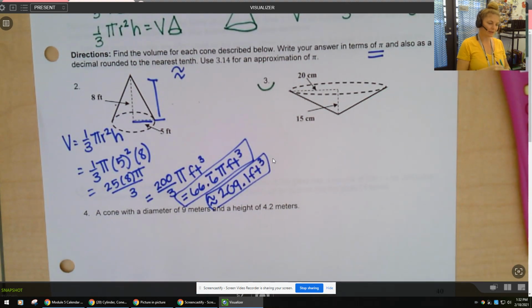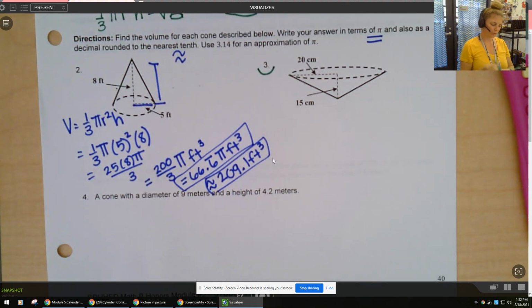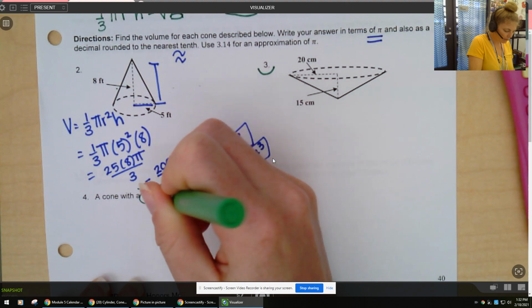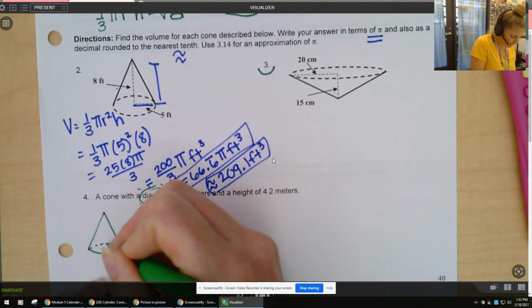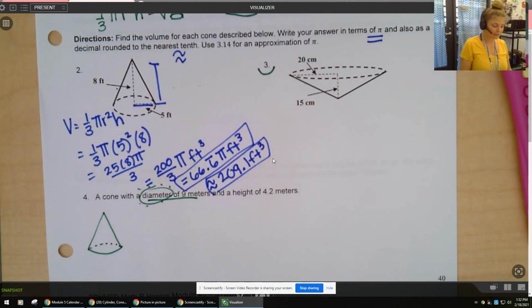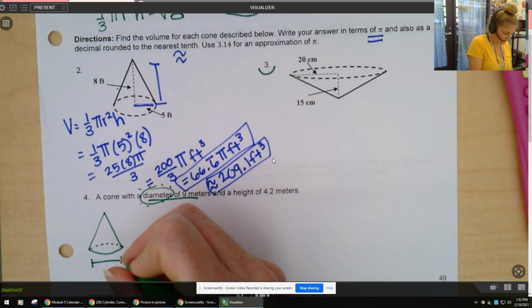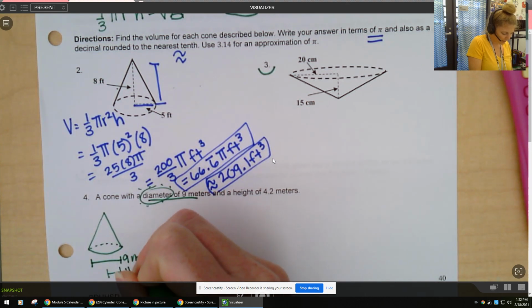And remember, if I don't give you a picture, it behooves you to write one. So it has a diameter. Oh no, diameter monster. So we have our cone. That's a pretty good looking cone, if I do say so myself. And the diameter, they told us, was 9 meters, which tells me the radius is 4.5 meters.